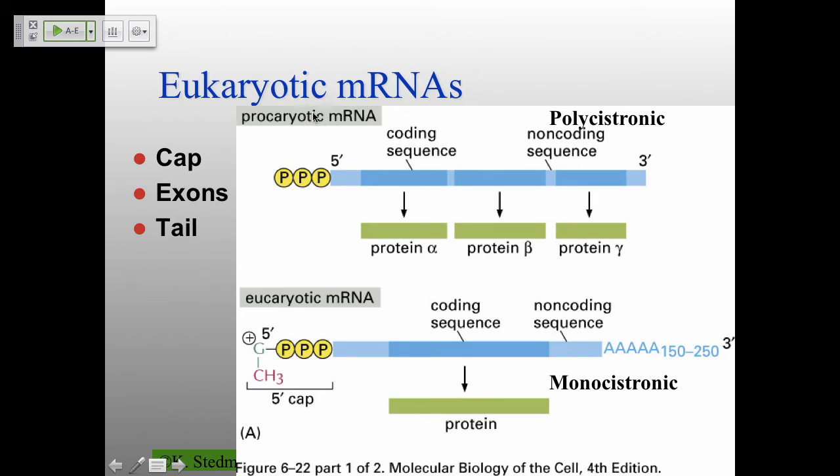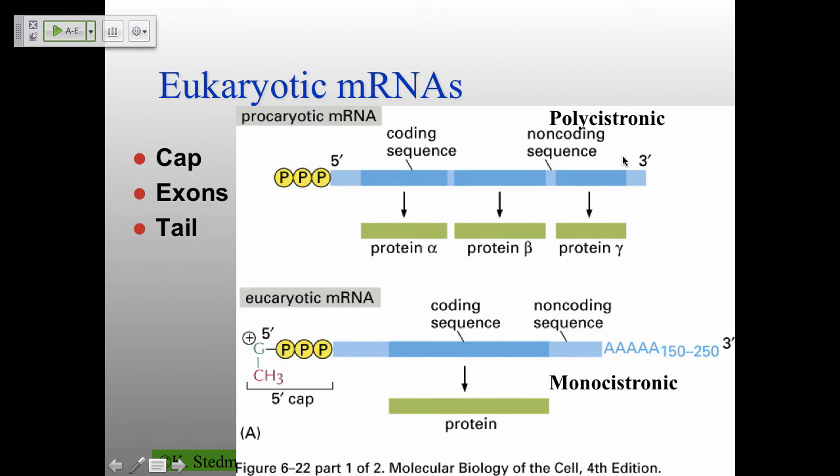You have triphosphates at one end and coding sequences with very few introns, and quite often, not all the time, in these bacterial messenger RNAs, you have multiple different proteins which are being coded for by one RNA. So in this one RNA, between where you start, nucleotide +1, and where that RNA is terminated here at the 3' end.